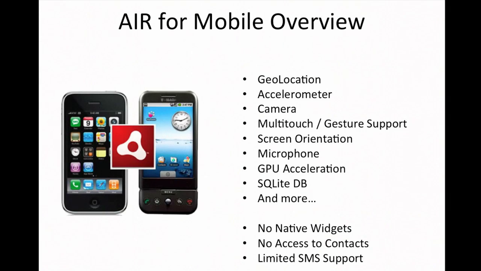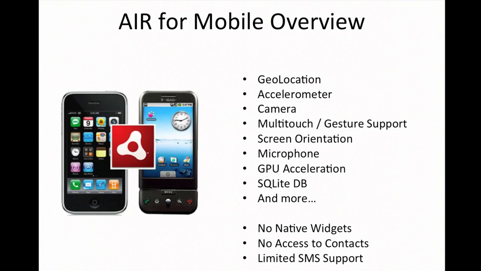There are some negatives with the Air for Mobile situation. You do not have access to native widgets. So if you're going to have a scrolling list, whether you're building this in Flash or with the Flex framework, you do not have access to the true native scrolling list. With Flash, you're writing your own scroller. You do not have access to the iOS buttons, the iOS tabs, the Android tabs.